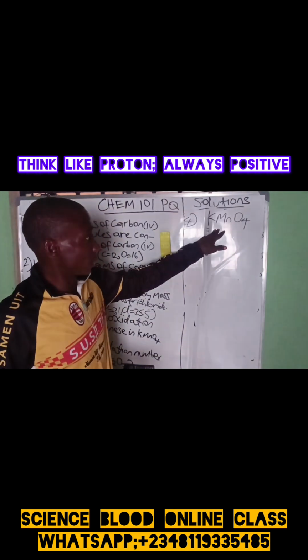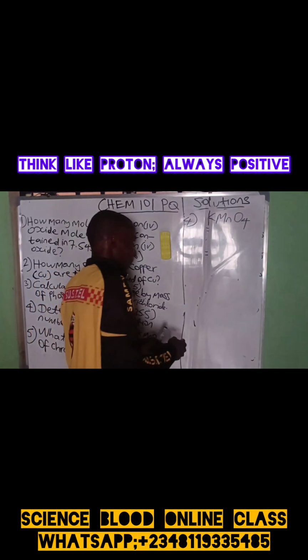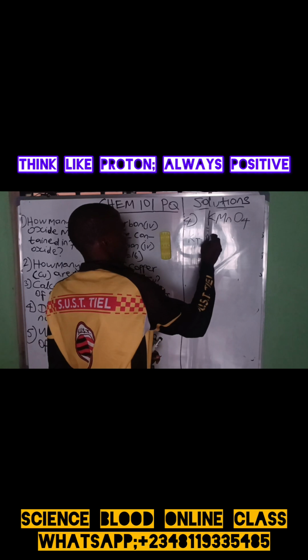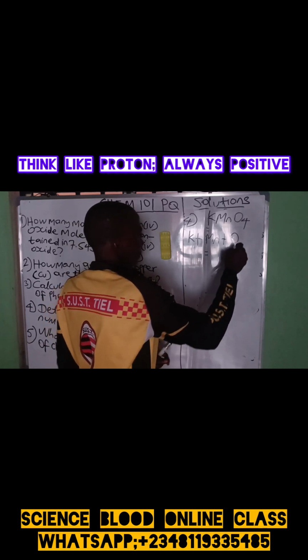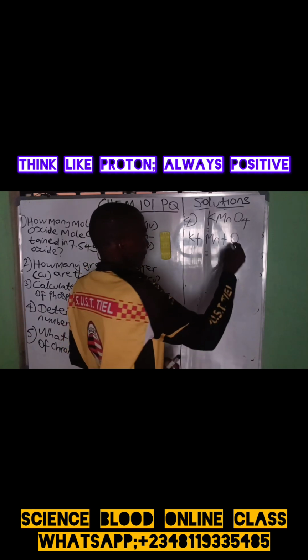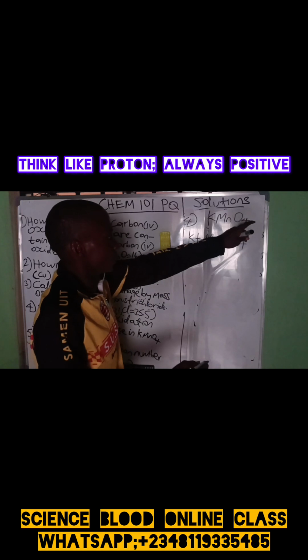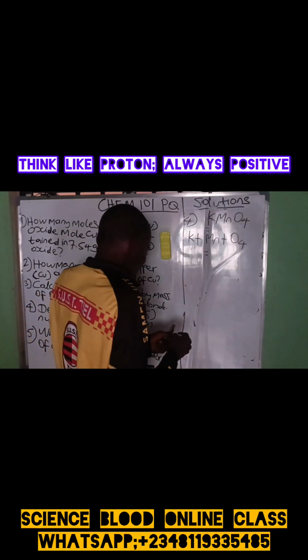You have to split all these elements in summation form. This implies potassium plus manganese plus oxygen. Remember, under oxygen here, we have 4 atoms of oxygen. So what next?